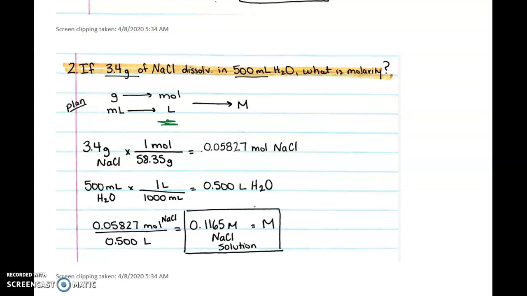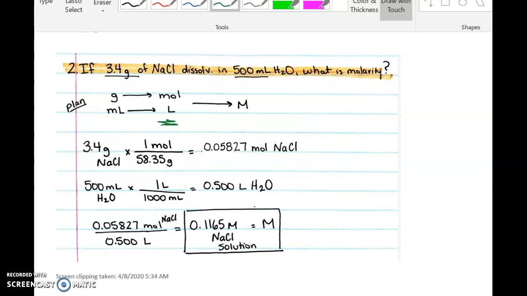I am given my information in grams and milliliters, so I have to convert it. So I'd have one conversion here, which is going into my formula weight. I get from my grams to my moles. That's this one, the 3.41.